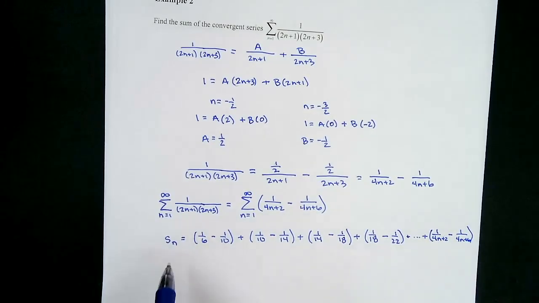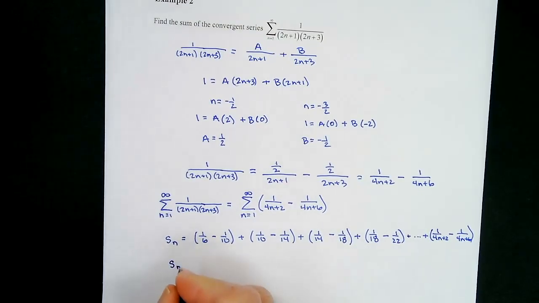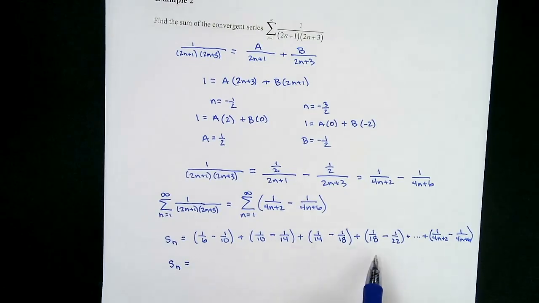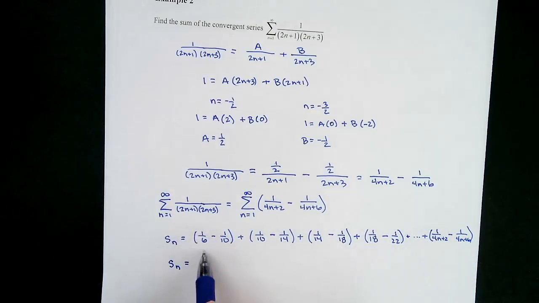So this allows me to rewrite the nth partial sum a different way. Because I know this one and this one are going to cancel. The last one in the parentheses is going to cancel with the first one of the next one, right? Last one here, this one right here is going to cancel with the one before it. So we're not going to see this, and we're only going to have 1/6.